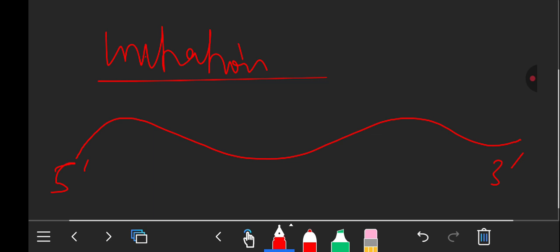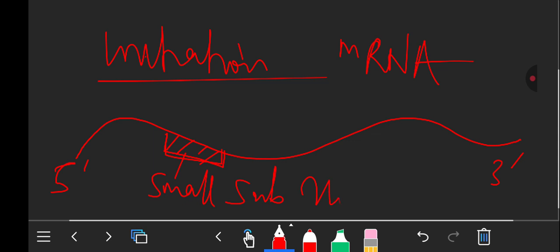To begin the initiation process, this mRNA has to locate the small subunit in the cytoplasm. So let's say the small subunit is there.